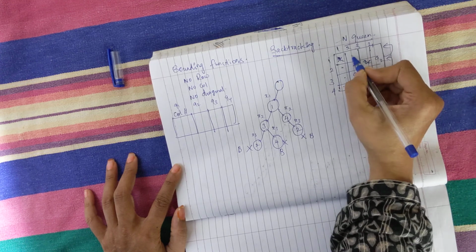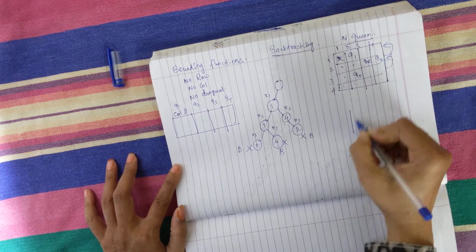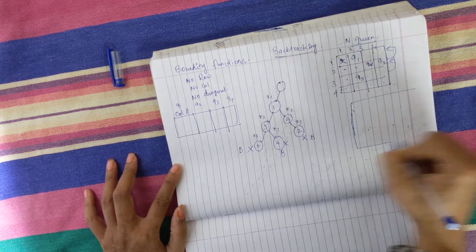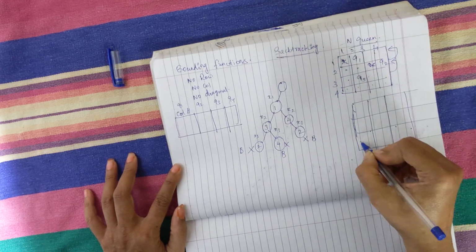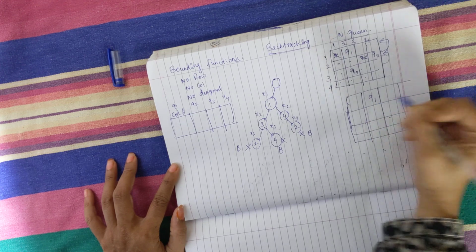So try to place Q1 in the second position. We'll see how it looks. There are 4 places, correct? So Q1 is in the second position.